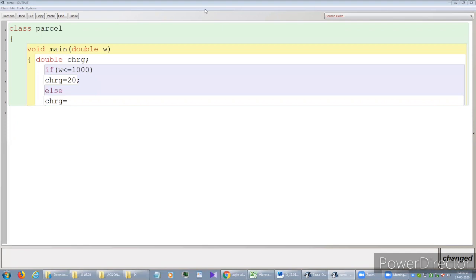Yes, Moitri, continue. Charge is, if it is more than 1000, then 20 plus 10. Then 10 for each 500 grams.